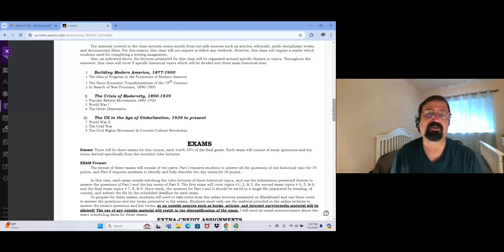reshaping and transformation. We're going to see, for example, the rise of a new science that was becoming the prevalent science of the times, called modern science. So we're going to look at the scientific revolution, the introduction of new scientific ideas, and also new technologies.